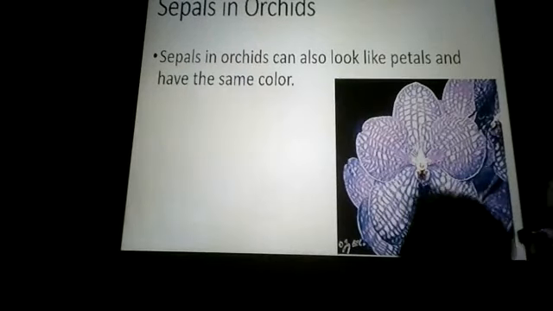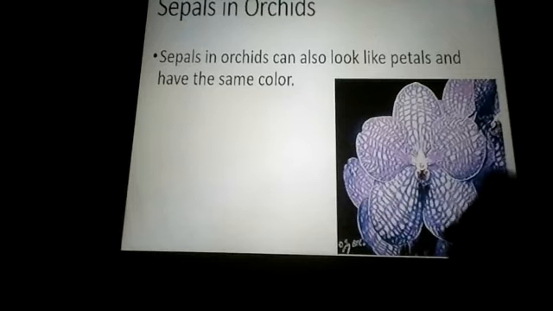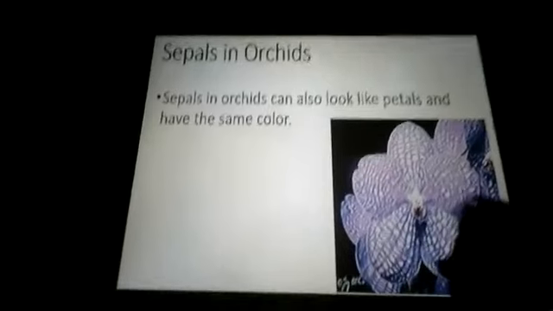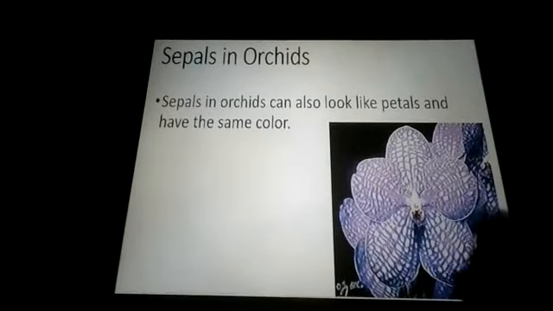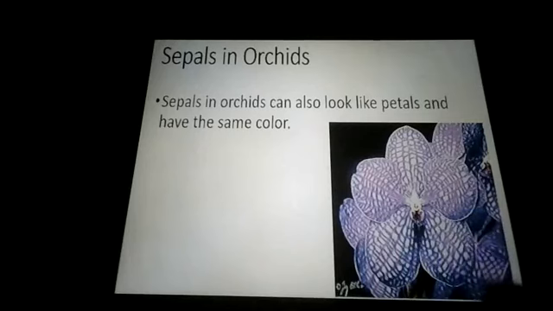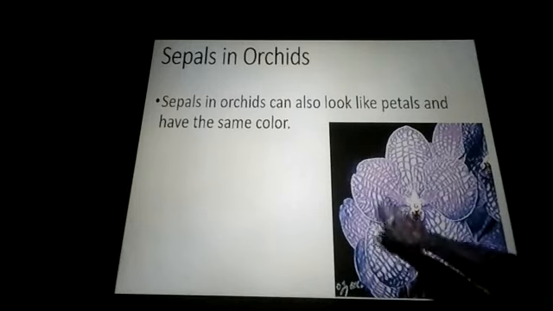Okay. Sepals in orchids are part of the flower, versus in other plants, where they're usually out of sight and in the back. But in lilies, you can see them as part of the flower, and so with orchids.